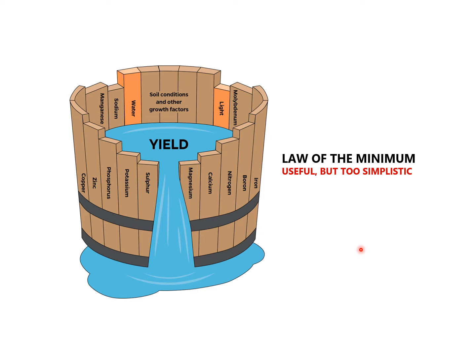I think theoretically it's a good thing to think about conceptually, but it's a little bit too simplistic to be able to use or to fully explain what's going on in real situations.